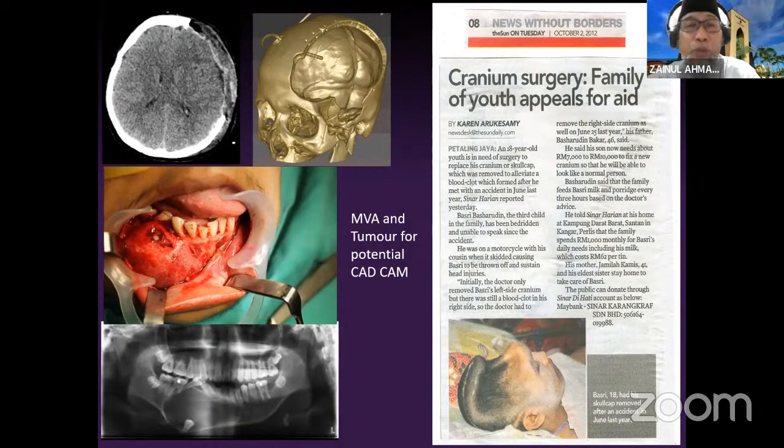A lot of bone has to be removed because of the foreign body. So at the end of the day, patients don't look that good because the reconstruction has not been done. So this is an example of why we need proper methods to treat patients with craniofacial deformity.